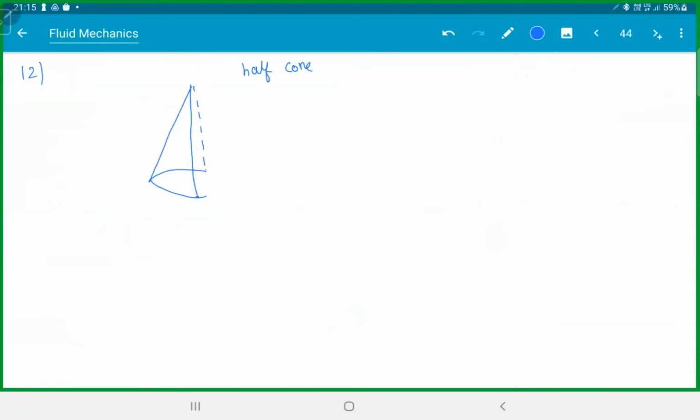If I take a half cone, height h and radius r, the pressure is acting like this. Now, can you tell me the force on the half cone? Find the force on the left half of the cone.